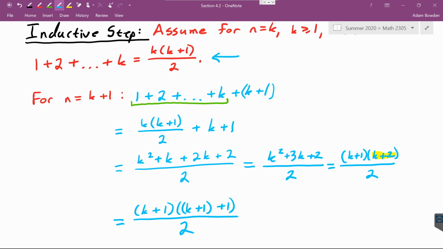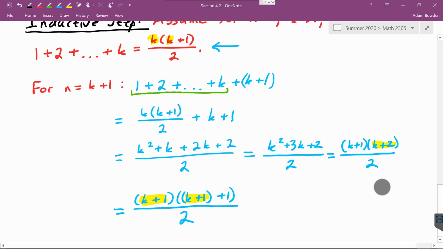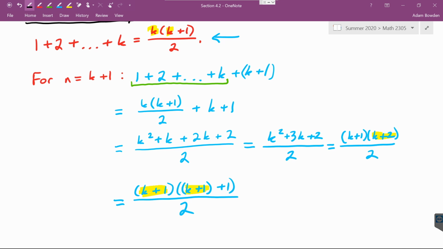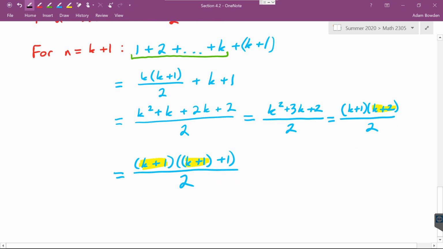Well, looking up above at the formula we had for k, now we have a k plus 1 and a k plus 1. So it does fit in with what we would expect to see when k has been replaced with k plus 1. So now we have the formula verified by math induction.